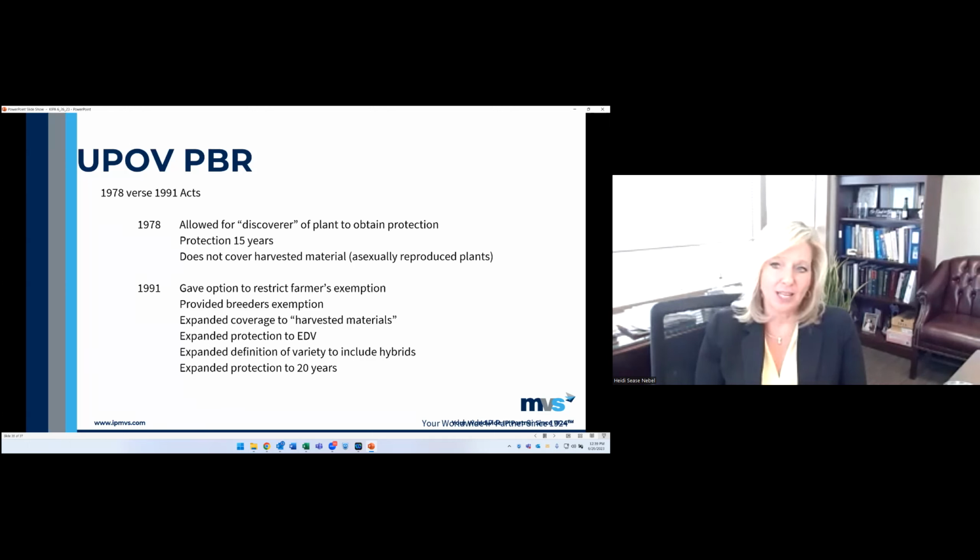How far away you can get from something that makes it be outside of essentially derived? We've had case law that has evolved very differently in Australia and the Netherlands. So it varies country by country. And in the United States, we've never had a case that has gone to court to determine whether something was essentially derived or not. It also in 1991 expanded the protection to 20 years as opposed to 15 years.